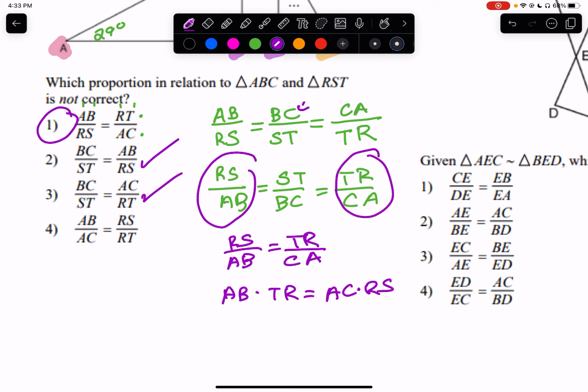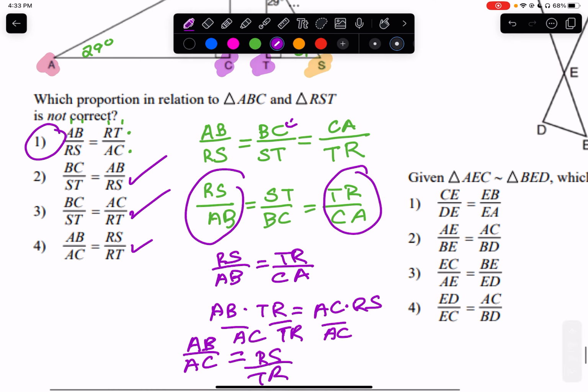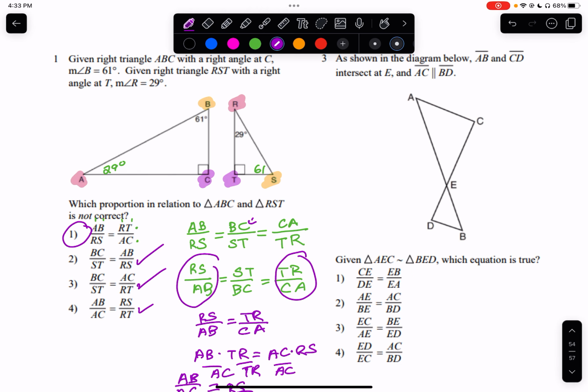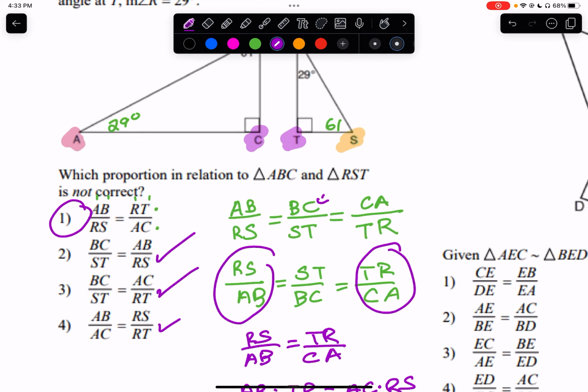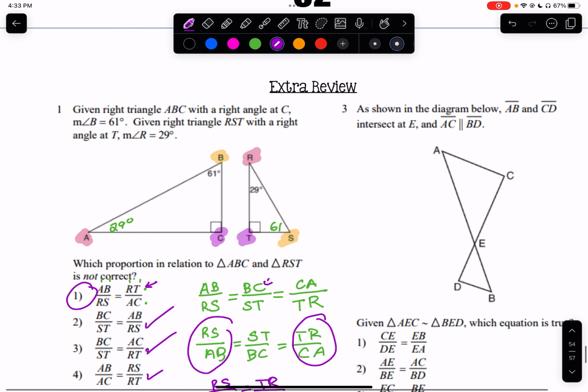I can actually write this now as AB over AC by dividing by AC and then dividing by TR. I can actually get that proportion. So this is also true, although a little bit trickier. So it is not true that AB over RS is equal to RT over AC, because if you look, these are the wrong pairs of triangles.